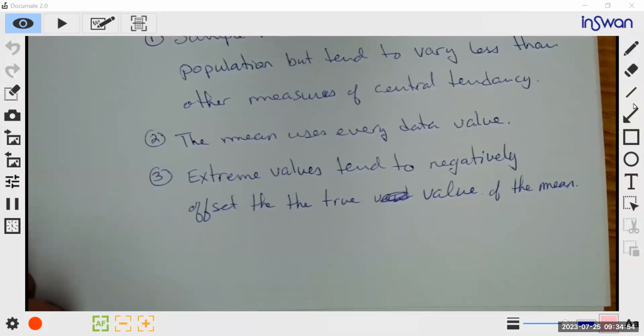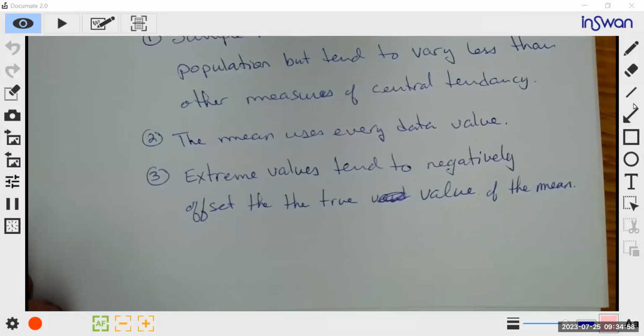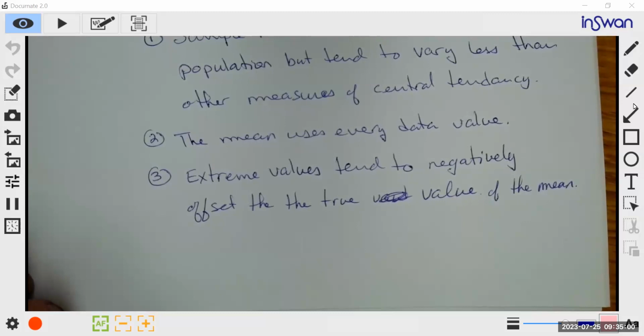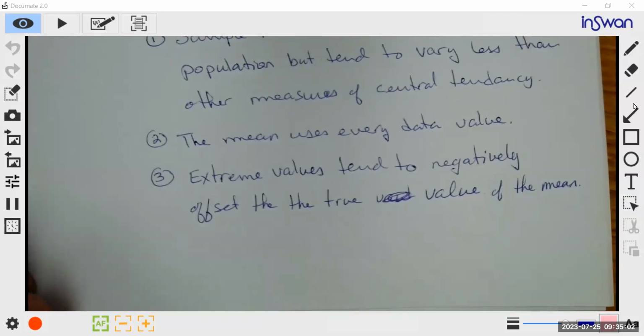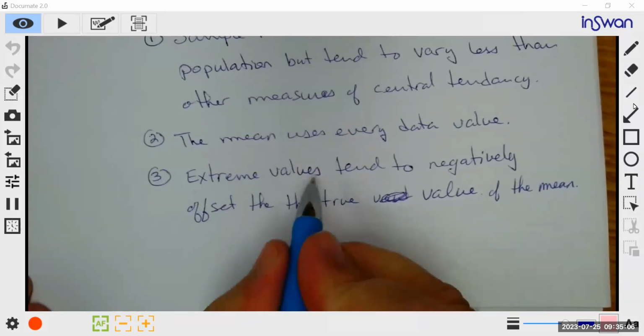What do I mean by extreme values? By extreme values, I mean outliers, yes.